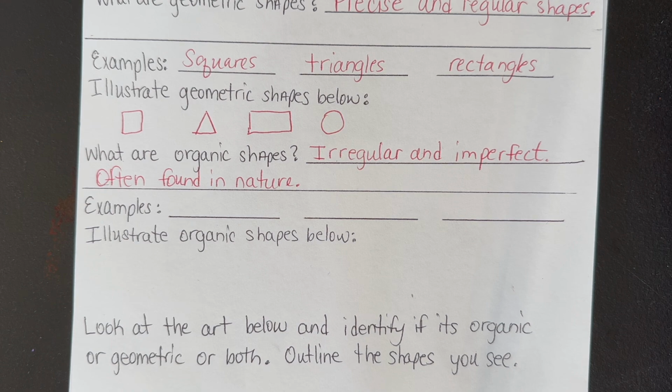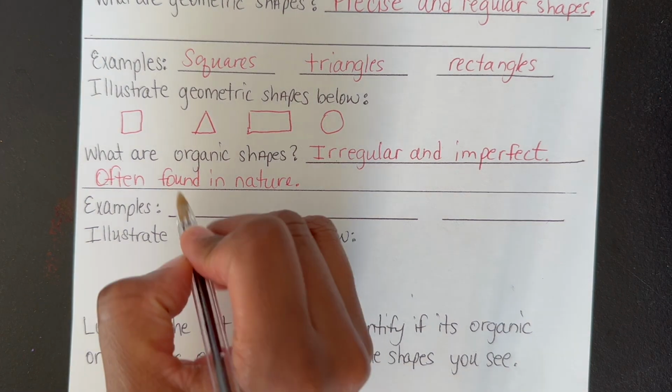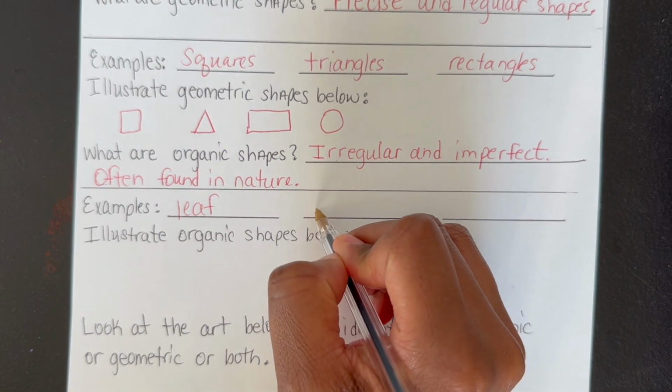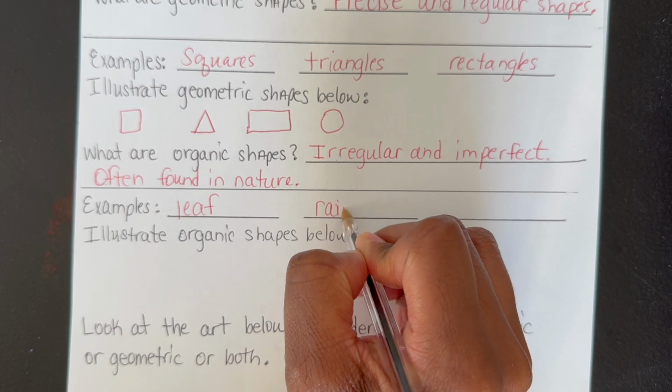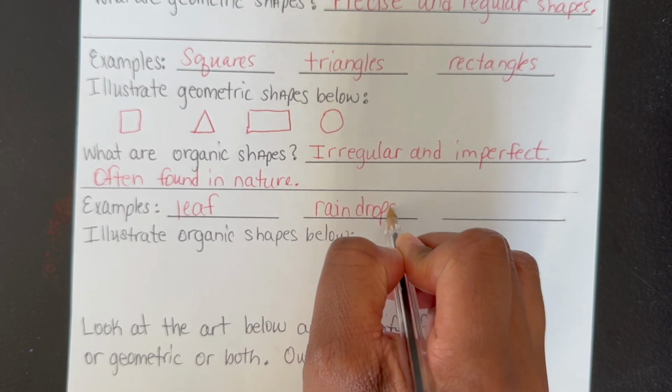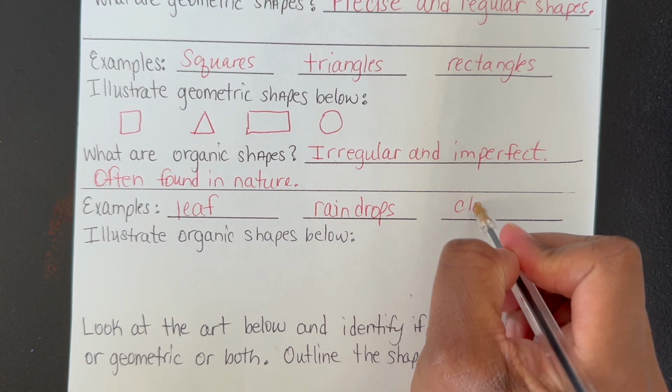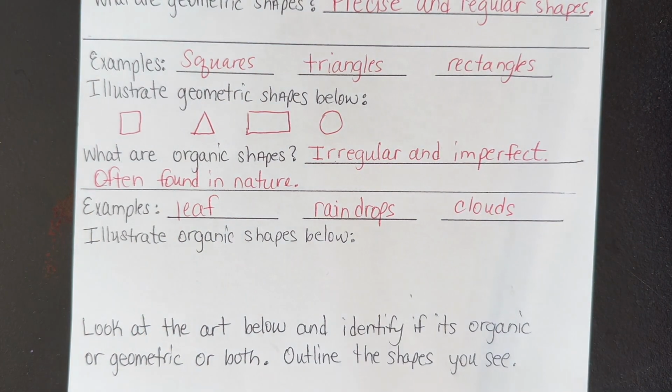So an example could be a leaf. Another example could be raindrops. What about when you look into the sky? What do you see? Clouds, right? These are all examples of organic shapes.